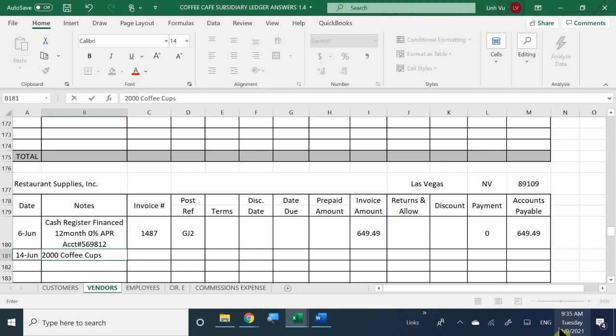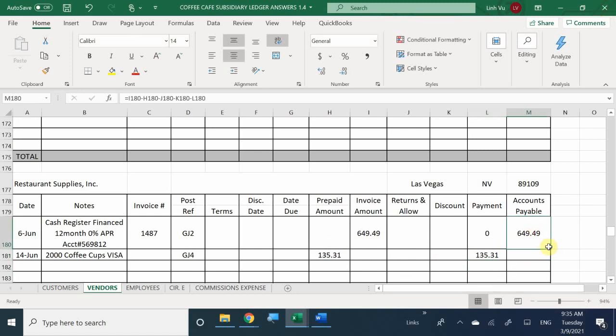All right. And I'm also going to note that I paid with the Visa credit card. There's no invoice. General journal number 4. All right. And the total amount on the invoice was $135.31. And again, if I want to make a payment, I did make a payment with my Visa credit card. So therefore, I should owe $0.